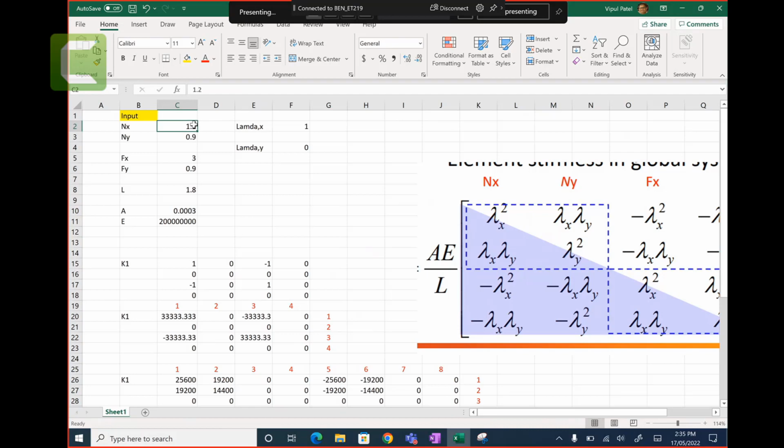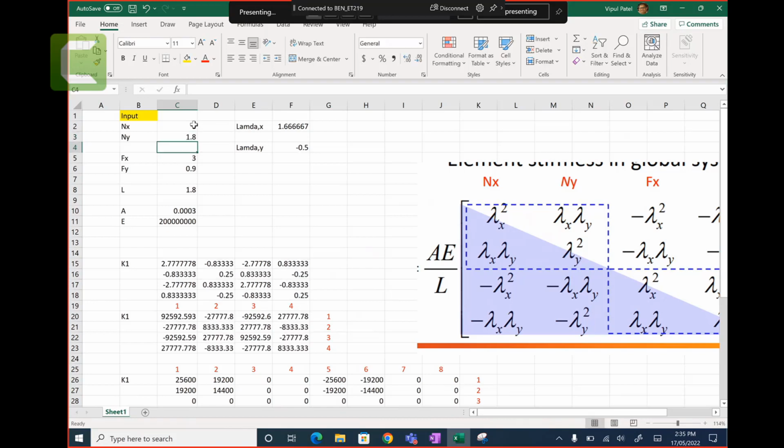NX zero. NY 1.8. And 1.2, and 0.9. The length is 1.5, I believe.